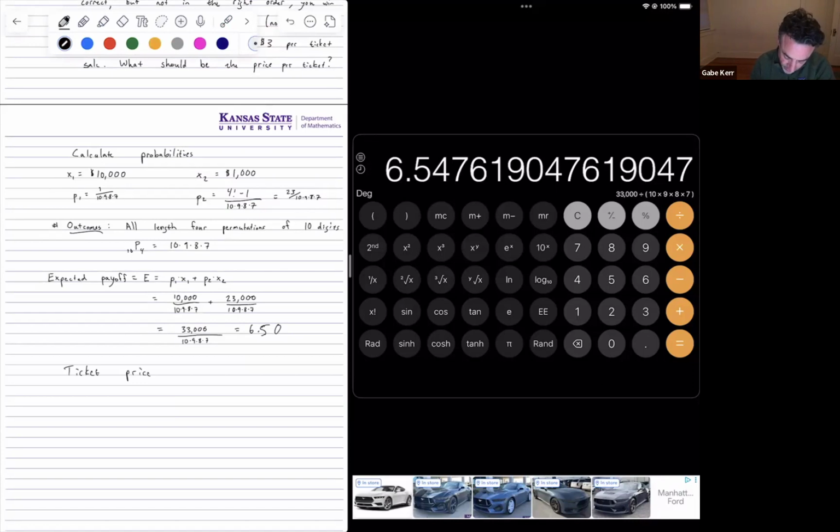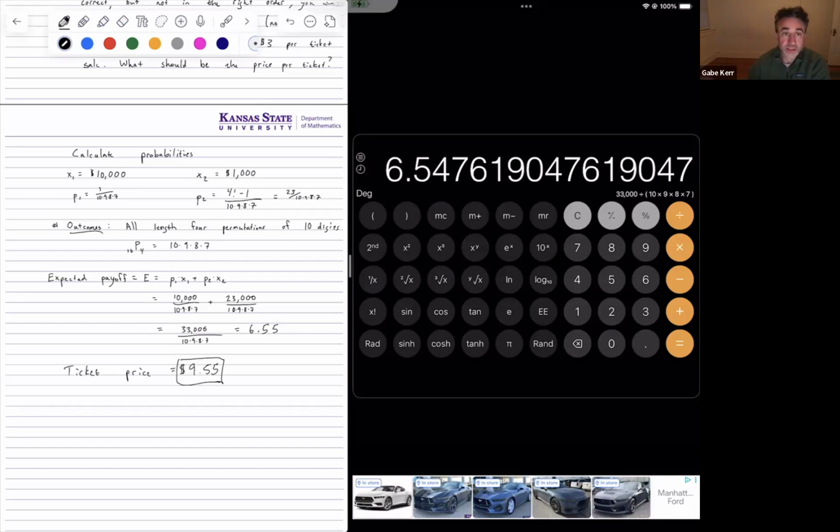Maybe we should not fudge the numbers too much. We'll say 6.55, so the ticket price should be $9.55. So it just added 3 to the expected payoff.